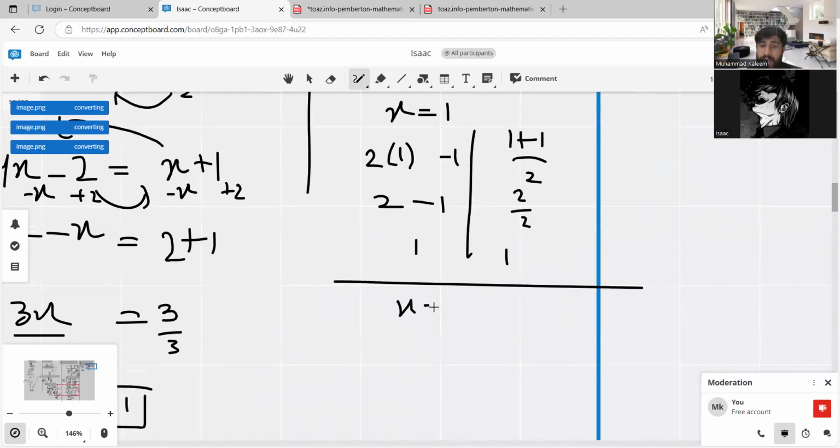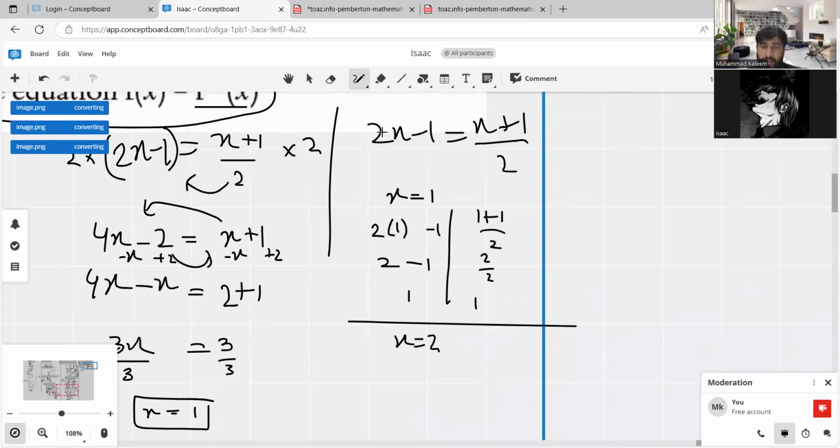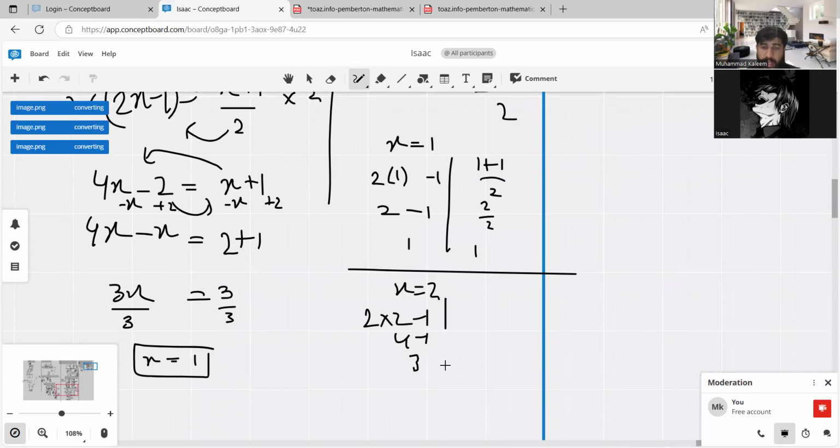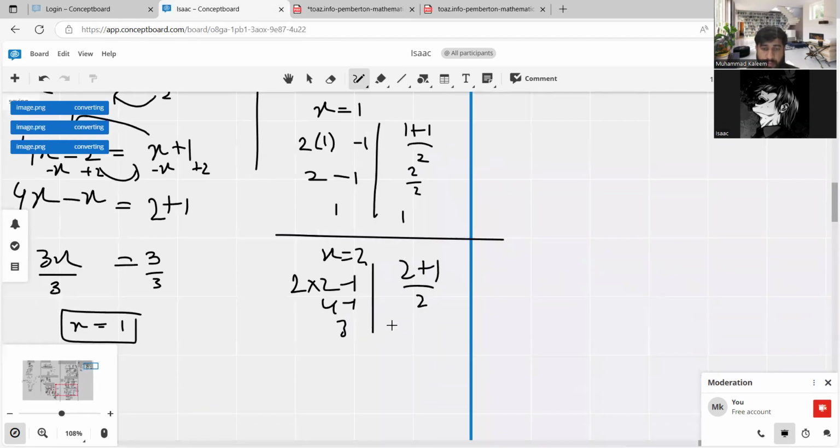But if I use any other value of x, like here I replace it with 2, what will the answer be for the left side? It will be 2 times 2 minus 1, meaning 4 minus 1, which is 3. Now let me calculate the right side. So 2 plus 1 over 2. It will be 3 over 2, meaning 1.5.